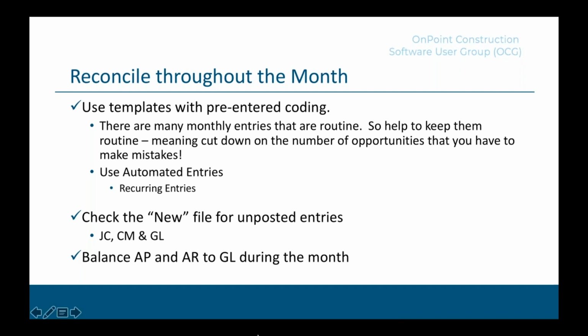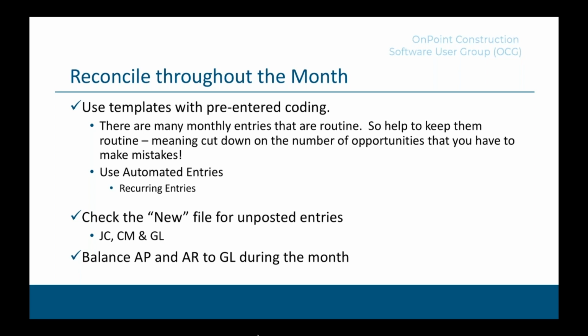You always want to check the new file for unposted entries, and those would sit in job cost, cash management, and general ledger. Because if there's anything that's sitting in the new file, it's not going to balance.